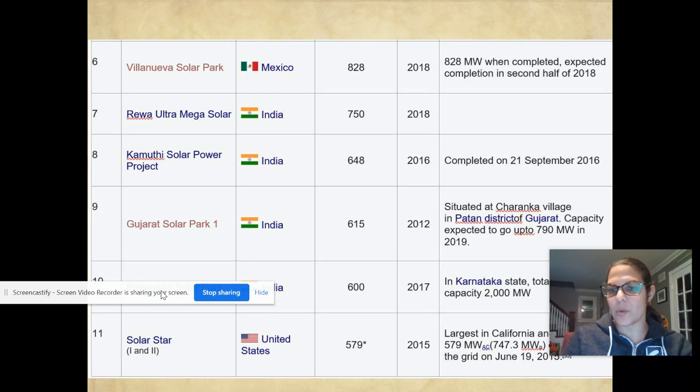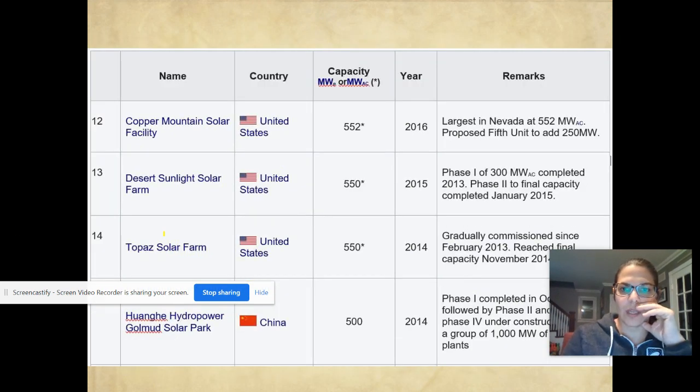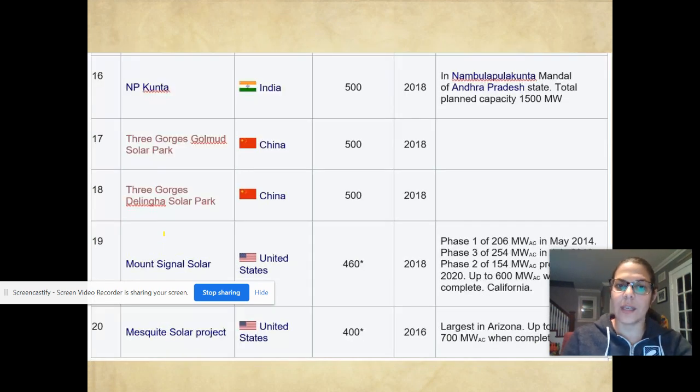Largest one is in California. Then we go to Nevada and Desert Sunlight, I think that's in Arizona. And then Topaz Solar Farm. I don't know where that one is. Okay, and then China, India, China, China, US.